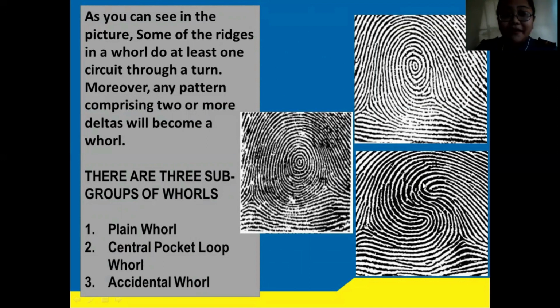Okay, just always remember nga ang arches has no delta, loops has one delta, and the whirl has two deltas. So let me ask you, mamangkot ko sa inyo, ano ayhan nga pattern ang ara sa inyo kamot? Na-distinguish nyo na ayhan? Kung may loop kamo, arches, or whirl, tan-awa nyo sa inyo kamot.